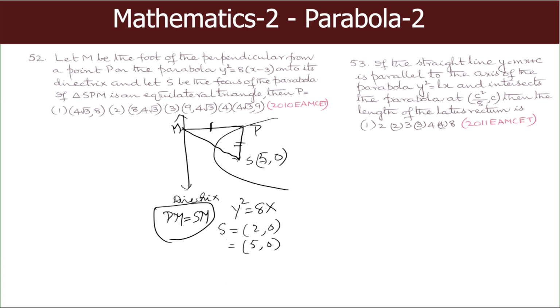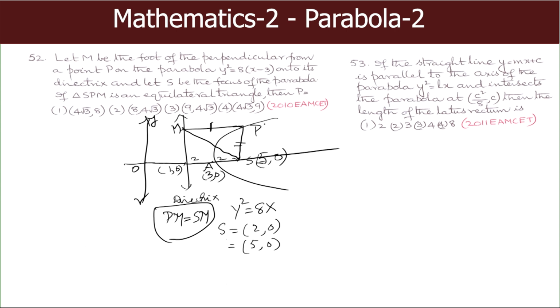Okay. Now, what are the coordinates of P? Well, this is 3, 0, the vertex, and this is 5, 0, and therefore, this is 2, 0. This is 1, 0. This is the y axis. Follow?